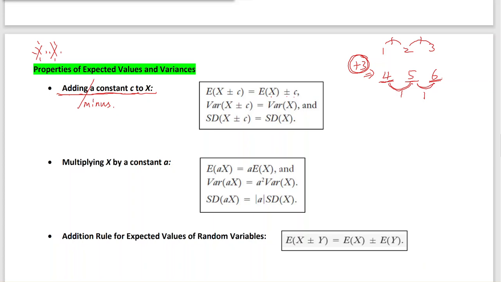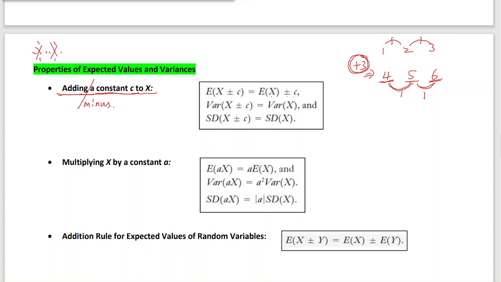So we say if we add a constant c to the variable, then the variance of x plus or minus c will stay the same. No difference for the variance. And if the variance stays the same, of course the standard deviation will also stay the same. So now let's do a summary.